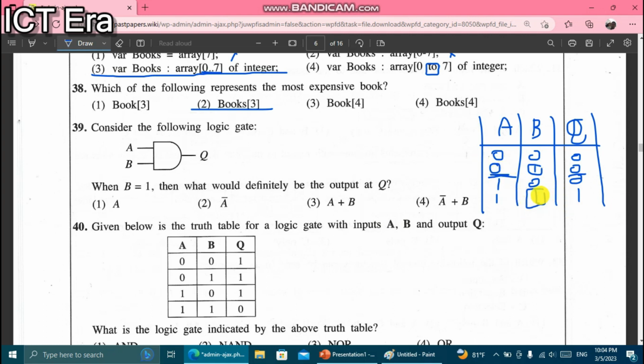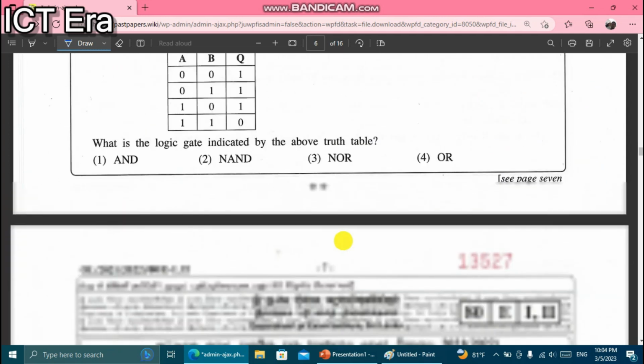And in the second case, when B is 1, Q equals 1. This is also equal to the input of A. Therefore, we can definitely tell the output Q will be equal to A.